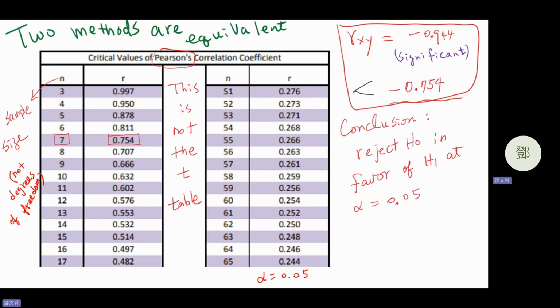That is why I said the two results are exactly the same.